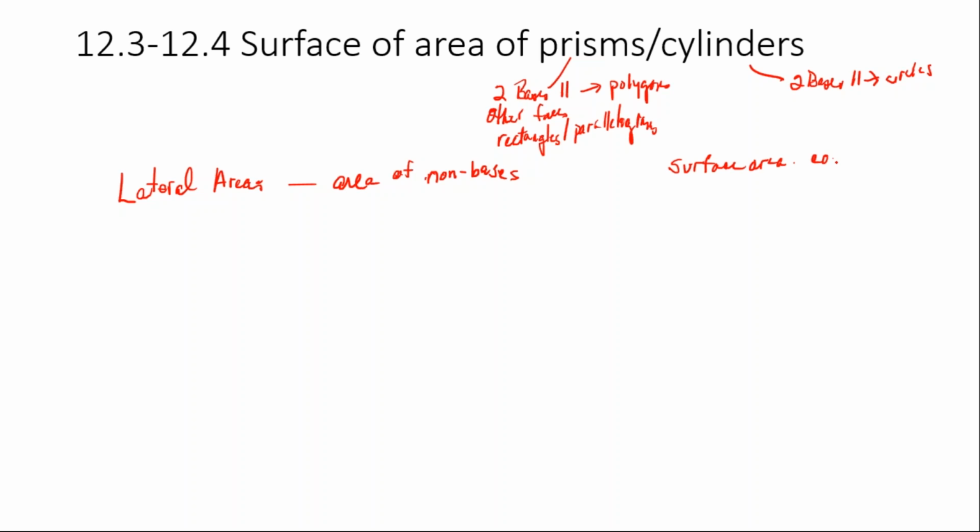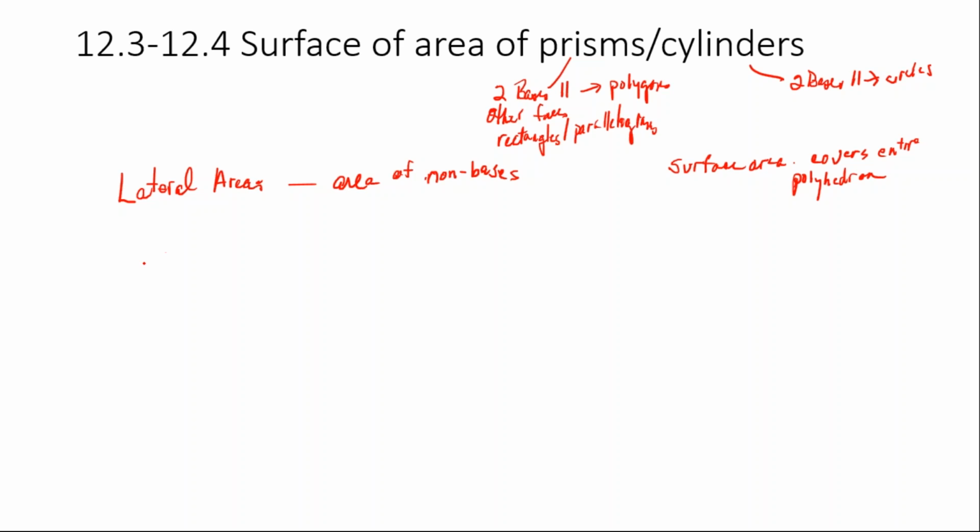That covers the whole thing. So basically, there's your two parts of the formula. And if you notice in some of these questions, they asked only for lateral. Sometimes they ask for surface area. They really go hand in hand.